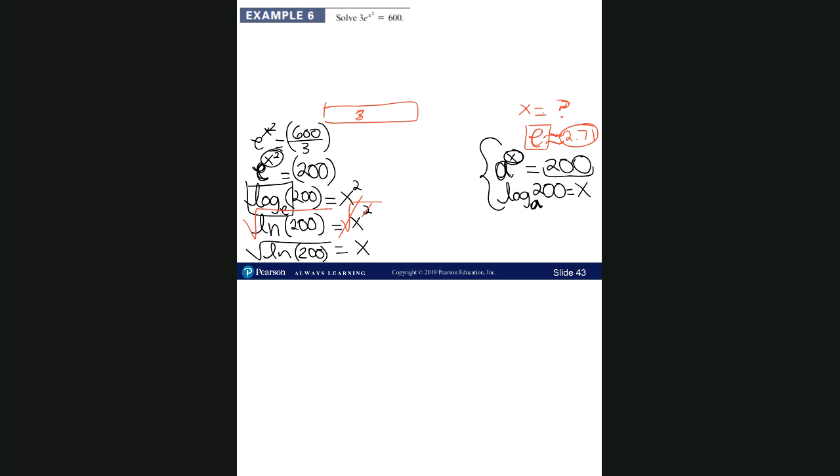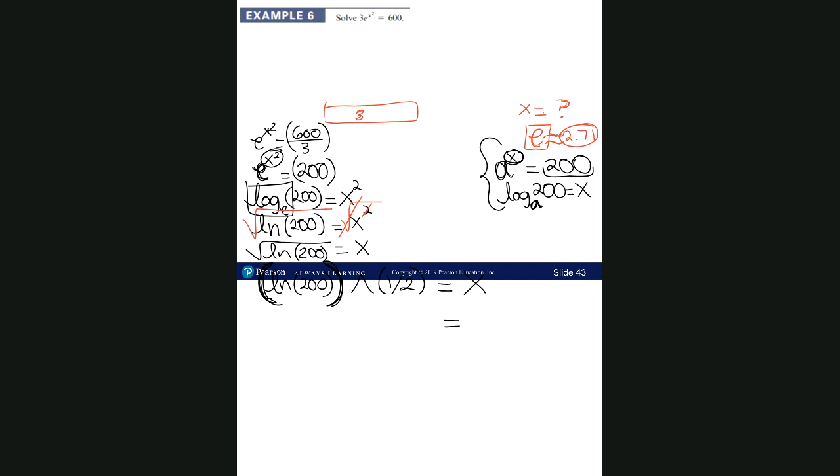So you could enter all of that on the square root function of your calculator, or you could also enter it this way, natural log of 200. You got to open this parentheses and then close it again. And then the exponent symbol, and then you can enter 1/2 or 1 divided by 2. So that will give us the solution for x.